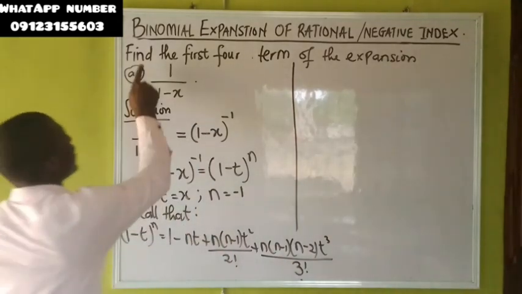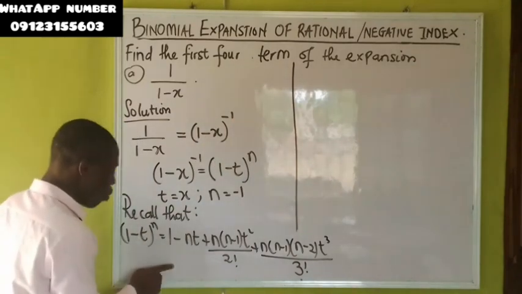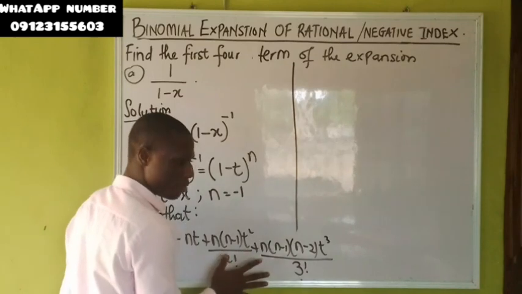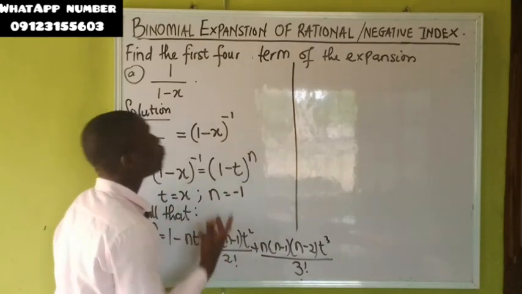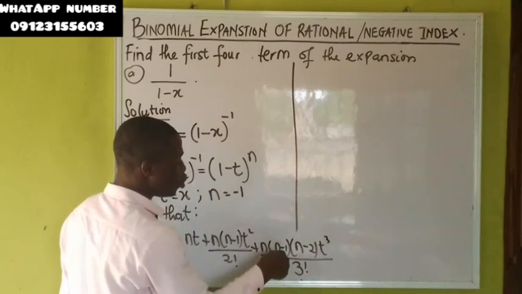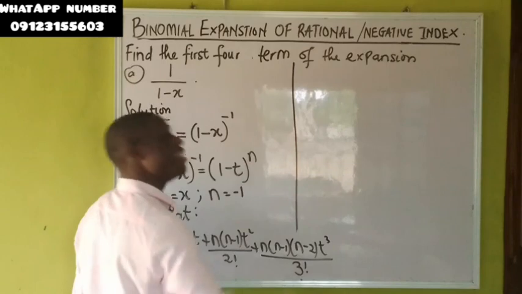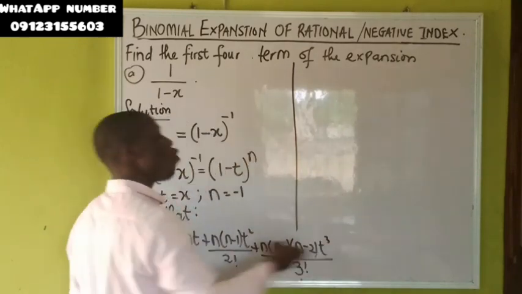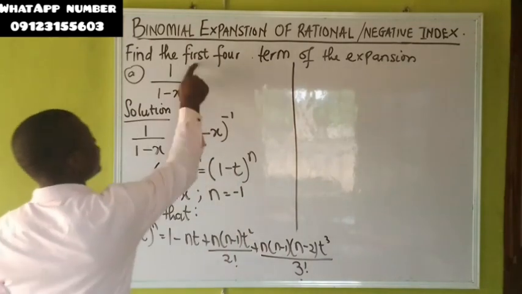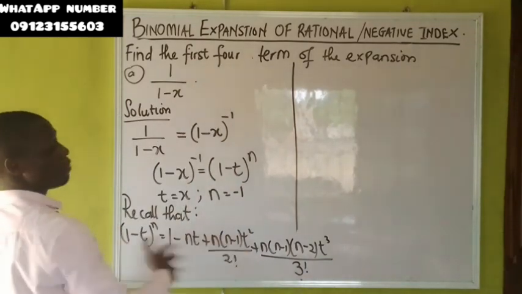Now we are told to find the first four terms. So this is 1, 2, 3, 4. These are 4 terms. If you are asked to find the fifth term, you can just continue. That becomes minus n into n minus 1, n minus 2, n minus 3, t to the power of 4 over 4 factorial. It continues that way. So we are told to find the first 4 terms, 1, 2, 3, 4.